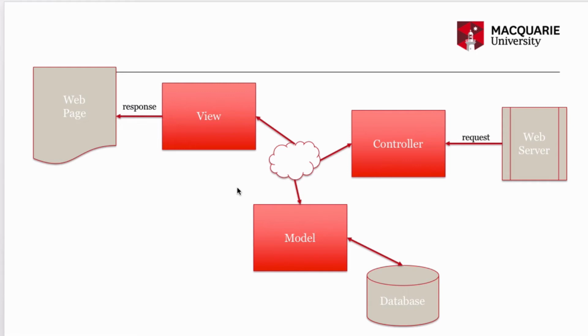That, for me at least, is less important than just the idea of breaking the application up into recognizable and understandable parts and having some idea about how they should interoperate with each other. So we have the model, view, and controller, and they talk to each other in some way, and I'm not going to put strict rules on that because there are lots of different ways to interpret MVC.